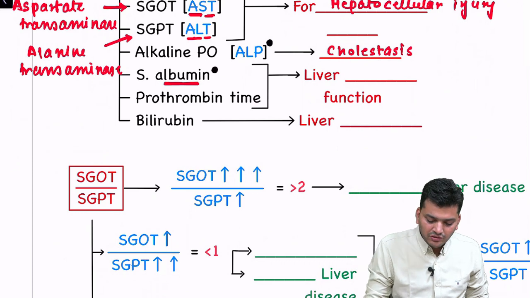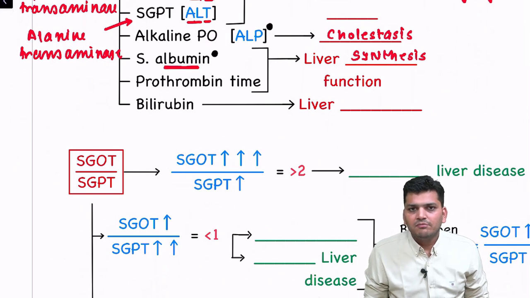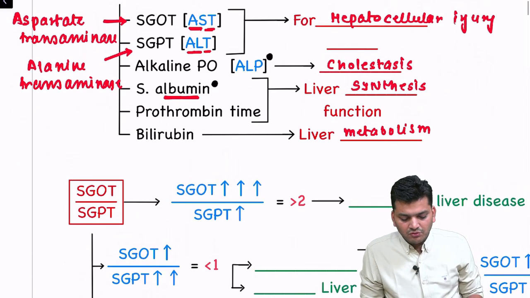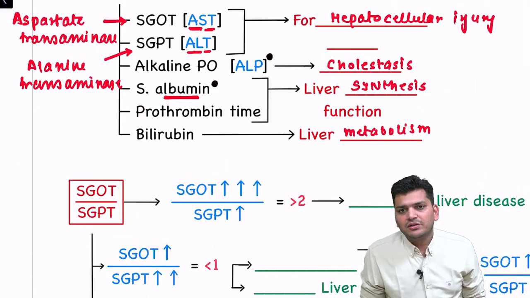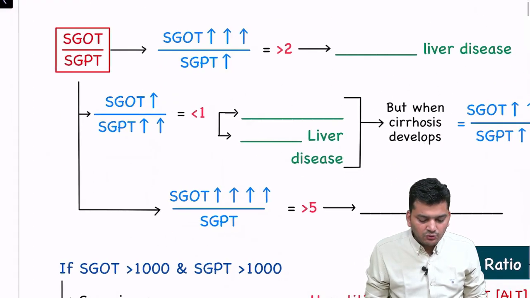Then there is the bilirubin, which tells about the liver metabolism. So SGOT and SGPT are for hepatocellular injury, and albumin and prothrombin are for how the liver synthetic function is happening.